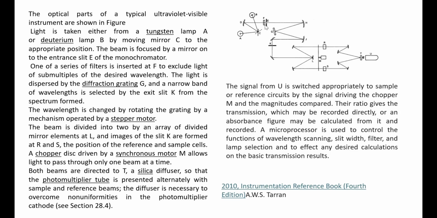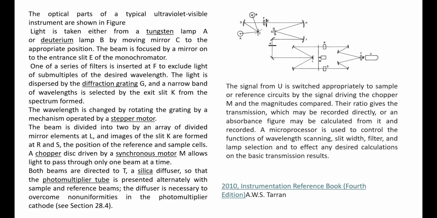So the light passes from A to C, and C to D. Both of these are optical systems, and whatever light is collected and focused by the mirror will pass through the slit, and the size of the light beam will be selected.